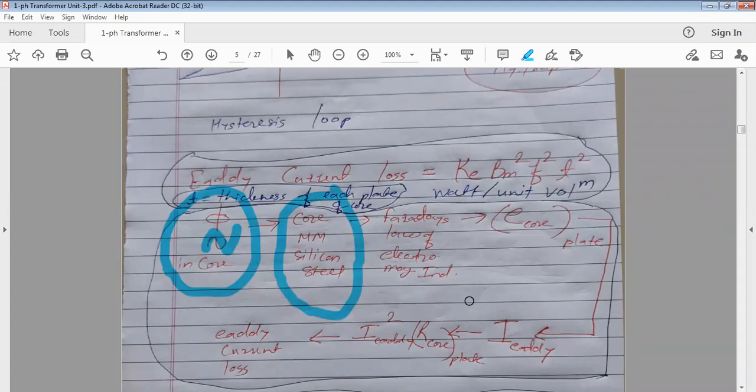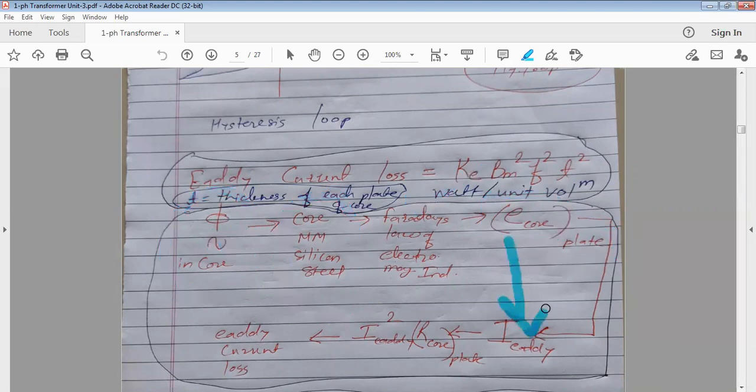So in the core also, as changing flux comes in contact with each and every plate of the core, as per Faraday's law of electromagnetic induction, EMF will get induced in each and every plate. Each plate is a closed circuit, and that's why current starts to flow through each plate.